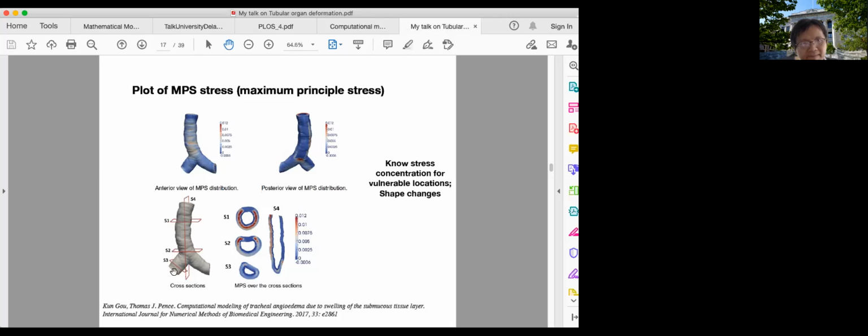S3 is in the lower branches, like that. Anyway, these results will tell us where there is a stress concentration and where there is some deformation and shape change. So we can know the tissue is vulnerable, and then we can treat there better.